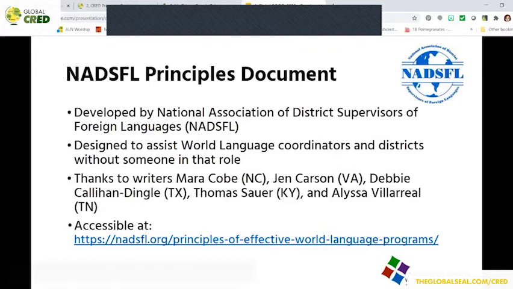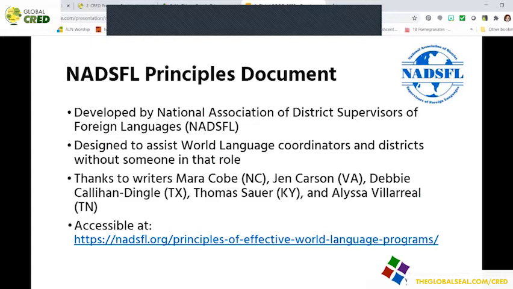The other group that I represent is NADSFL, the National Association of District Supervisors of Foreign Languages. That is a group of people who do what I do across the country. NADSFL created this Principles of Effective World Language Programs document. We developed it around 2014 and released it in 2015.